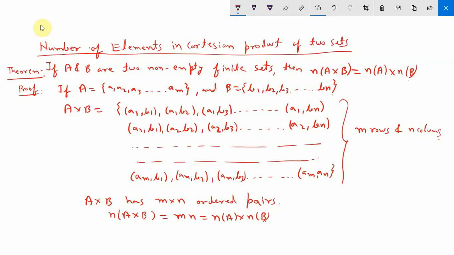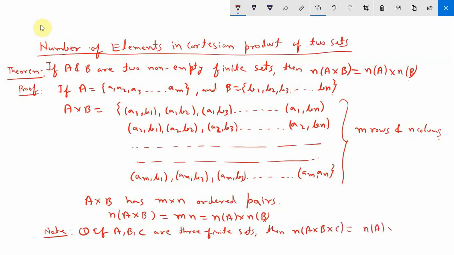so if there were three sets, so you can note first one, if A, B, C are three finite sets, then n(A × B × C) will be equal to n(A) × n(B) × n(C). Okay.